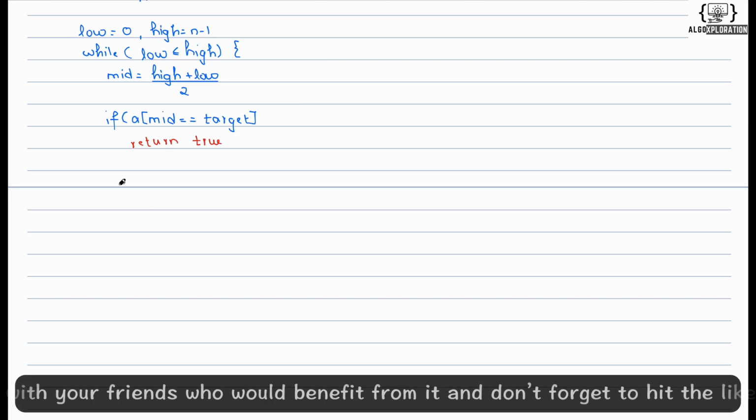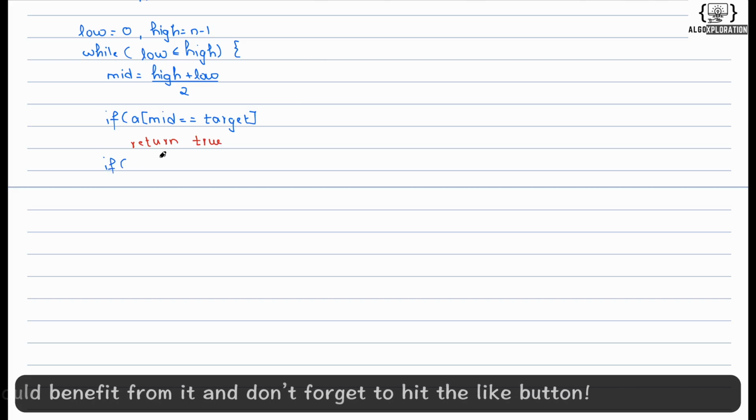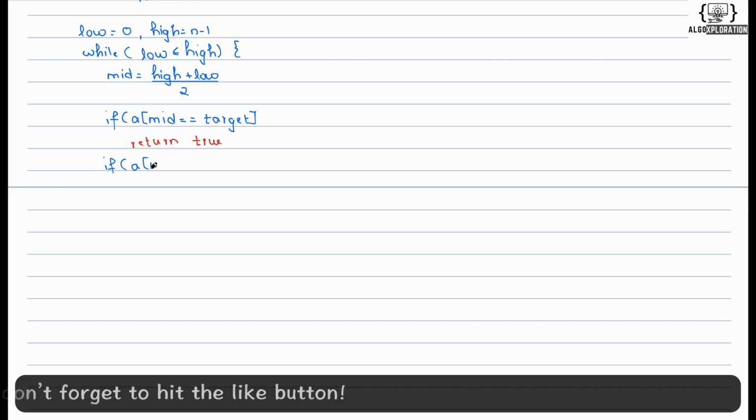Otherwise, check again if A of mid is greater than target. If that's the case, where do you want to go? On the left hand side. So do high equals to mid minus 1.